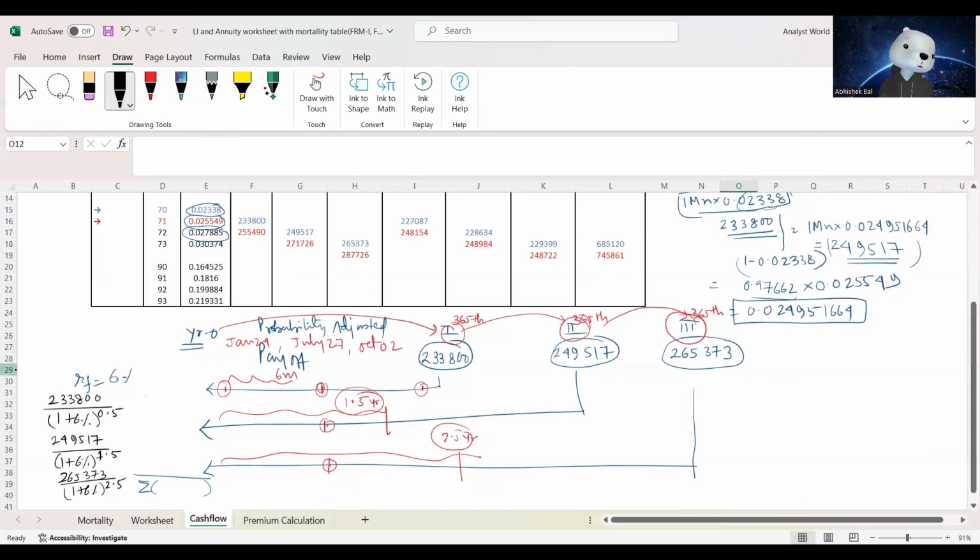the values are going to be exactly, for the first year, 227,087. For the second policy year it is going to be 228,634, and the third one is going to be 229,399.